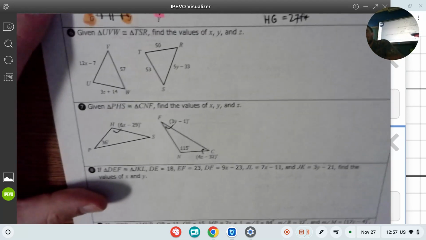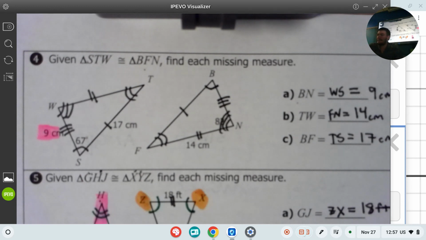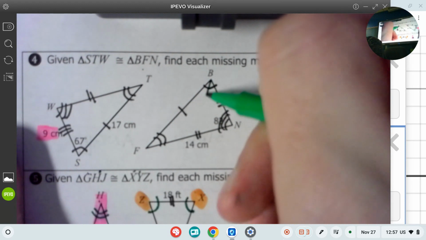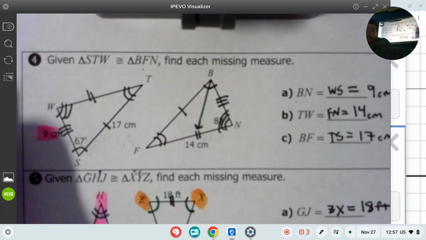I do want to make one point, and I want you to look up here. If there's a geometry purist out there, I may have made a little bit of a goof. Maybe not a mistake, but something that wasn't perfect. What a geometry purist would say is that across from angles, like if we look at B here, across from angles are sides.